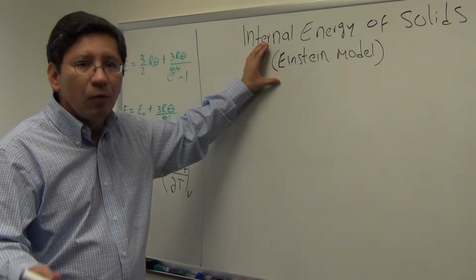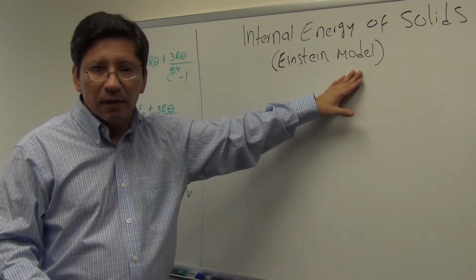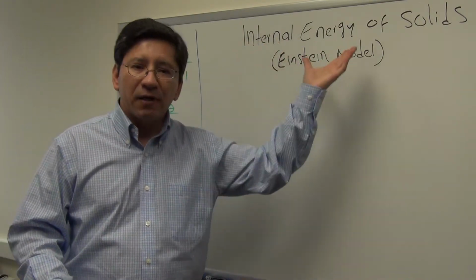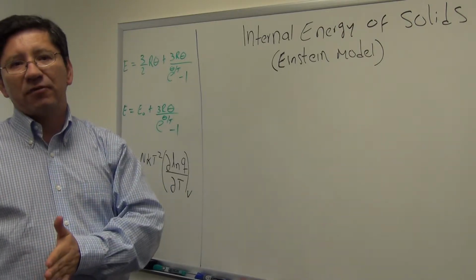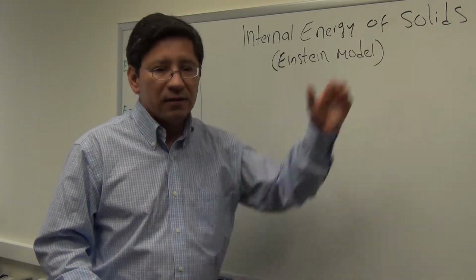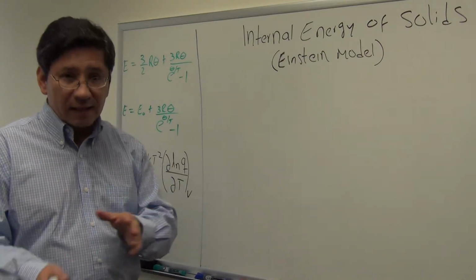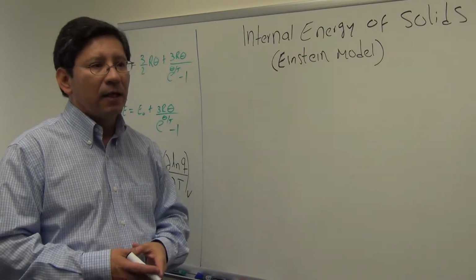In class, we will discuss the assumptions of this model and the limitations of these assumptions. So whatever results we get from here will be close to reality, but there will be some deviations from real solids.